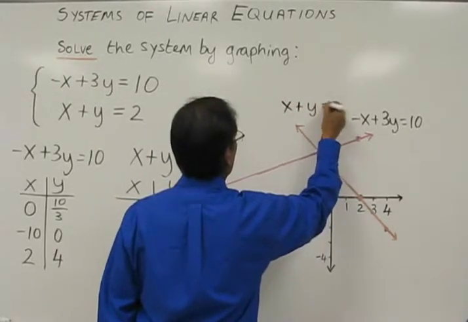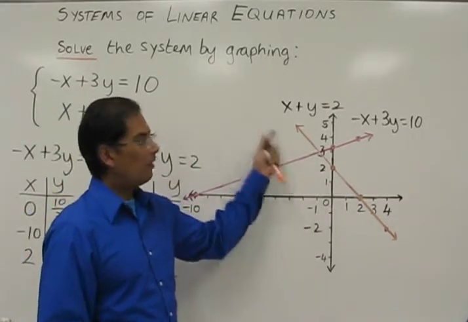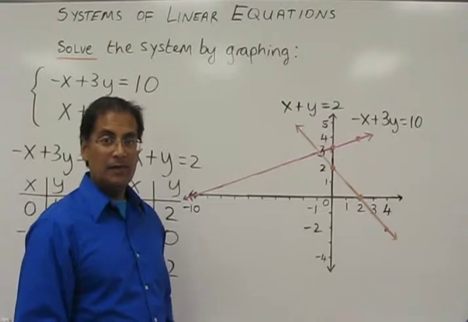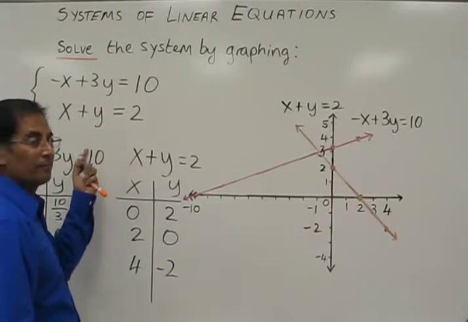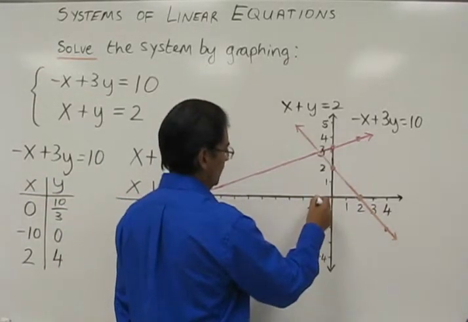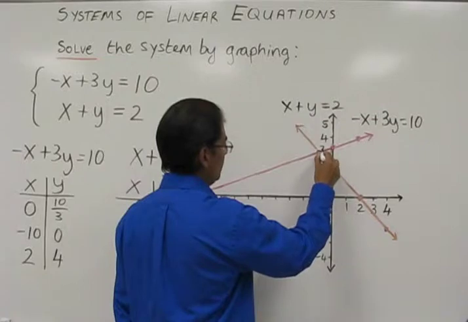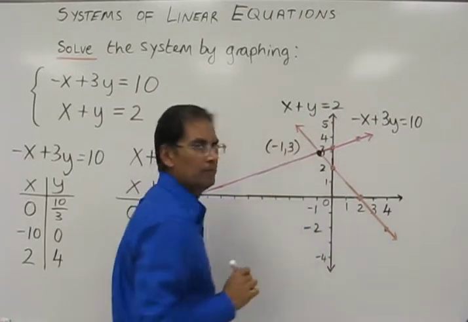We have both lines here, the red line and the orange line, and where they intersect is the solution to this system of equations. So where did they intersect? It looks like they intersect right here, at the point negative 1, 3.